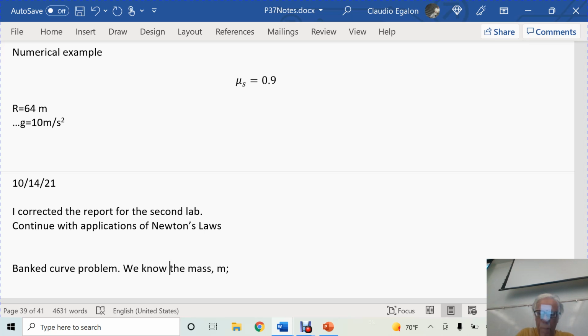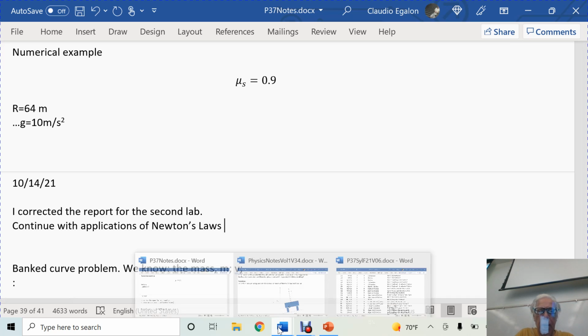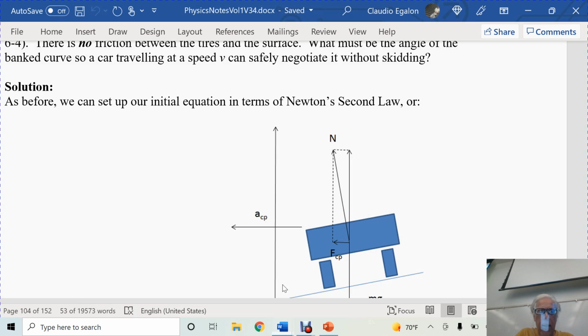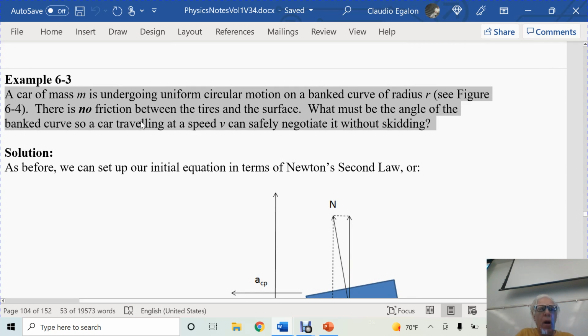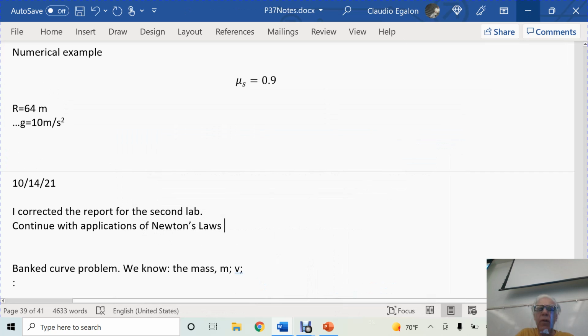You know the mass m. What else do we know? The speed v, the radius r. We know that there is no friction.